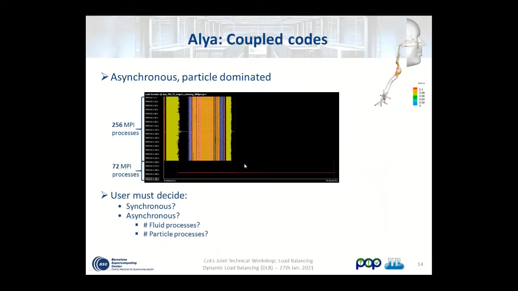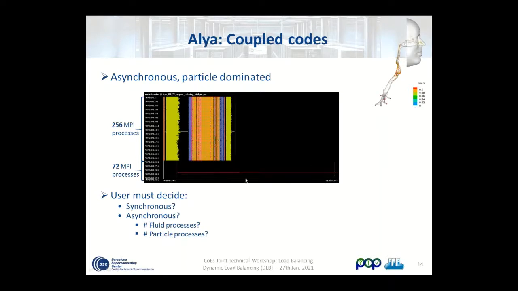This is so that you can have an idea of what we were facing. This is an asynchronous one with particle dominated. We can see that some MPI processes are solving the fluid and other ones are solving the particles. We see the load imbalance that we have seen before, and now we see the extreme load imbalance in the particles.